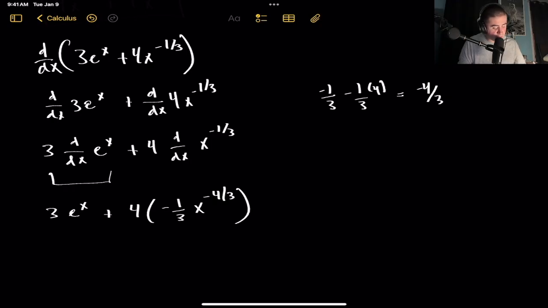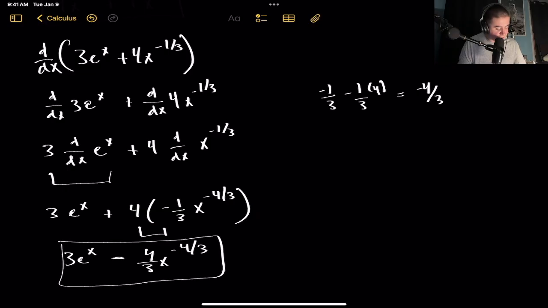And then all we need to do is really just multiply the 4 into the negative 1/3. So we're now going to have 3 times e to the power of x plus, or actually it's not plus anymore, it's going to be minus now. So minus 4 over 3x to the power of negative 4/3. And this, ladies and gentlemen, is our final answer for this particular problem.